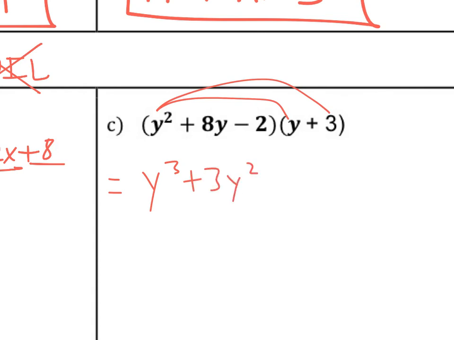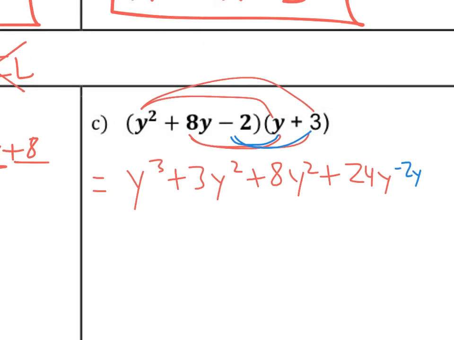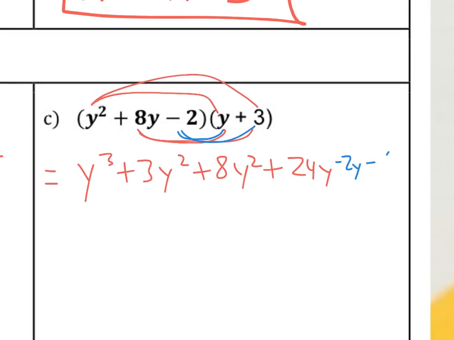We just got to pair all of them up. 8y times y, that's 8y squared. 8y times 3, 8 times 3 is 24y. Then we've got this negative 2. Make sure you think of it as a negative. Negative 2 times y, negative 2y. Negative 2 times 3 is negative 6.